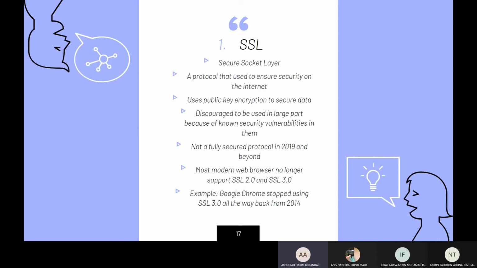It's considered not a fully secure protocol in 2019 and beyond. Most modern web browsers no longer support SSL 2.0 and SSL 3.0. For example, Google Chrome stopped using SSL 3.0 all the way back in 2014.